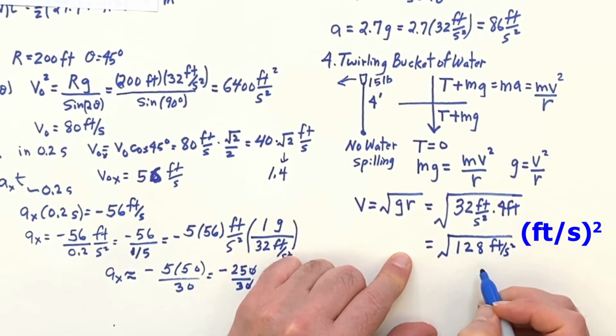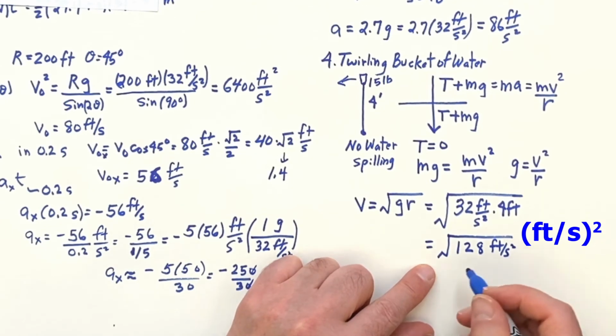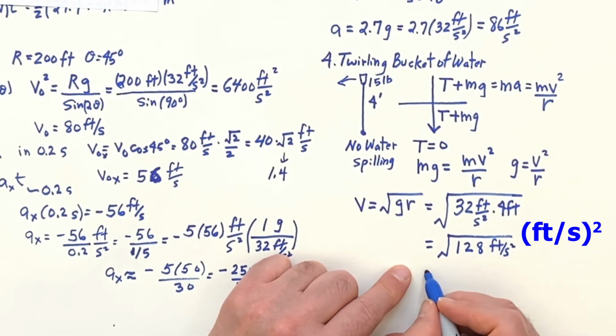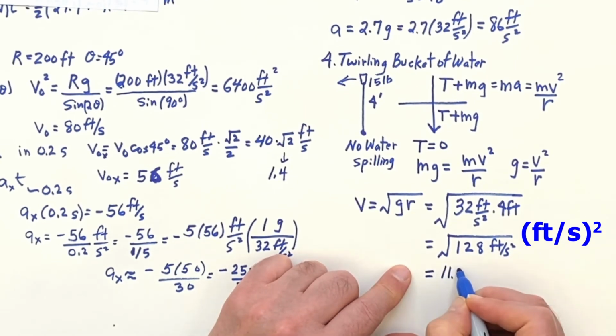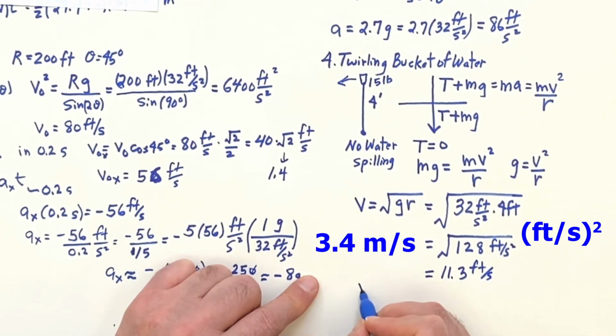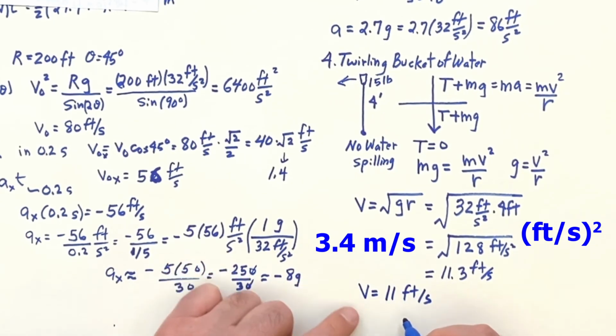When you take the square root, you get close to 11, because 11 times 11 is 121 and 12 times 12 is 144, so it's going to be more than 11. Work this out: 11.3 feet per second. Going for two significant figures, we could say 11 feet per second.